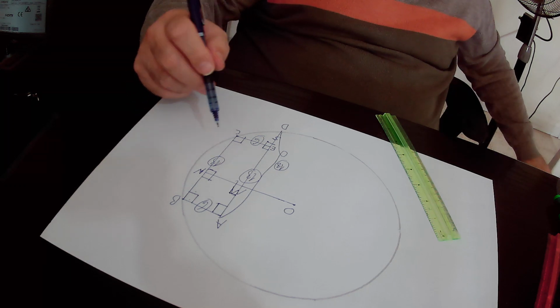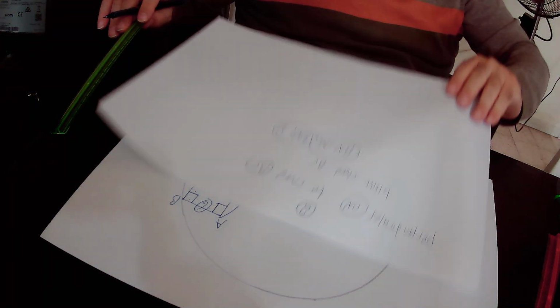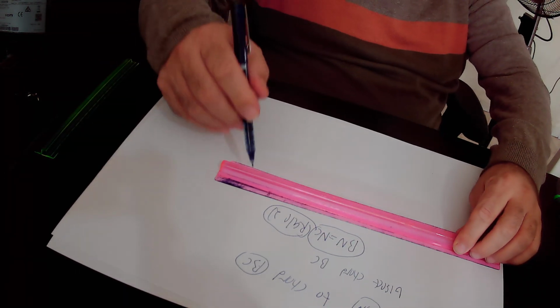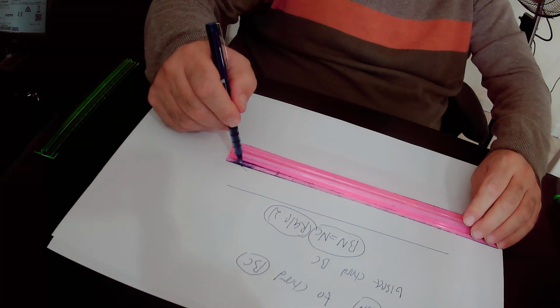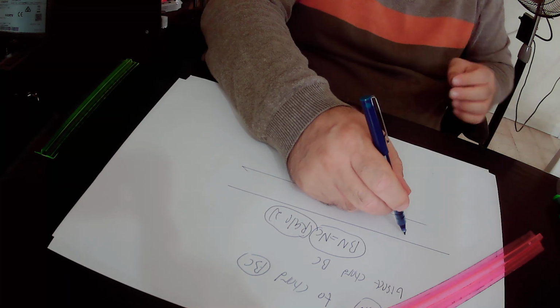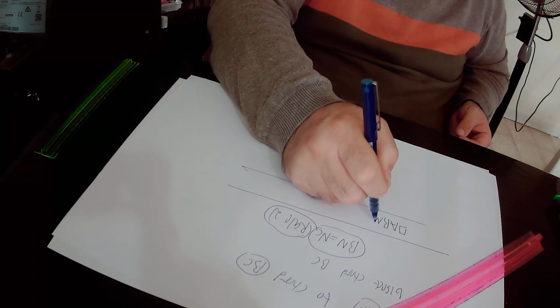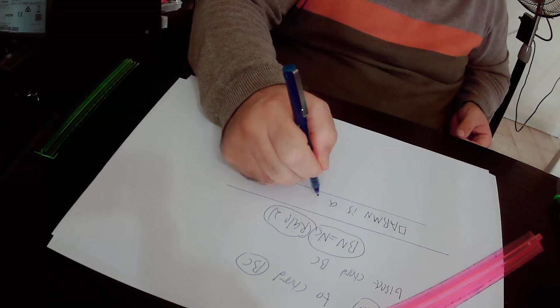So I write it down: quadrilateral ABMN is a rectangle. Why? Because it has 4 right angles.